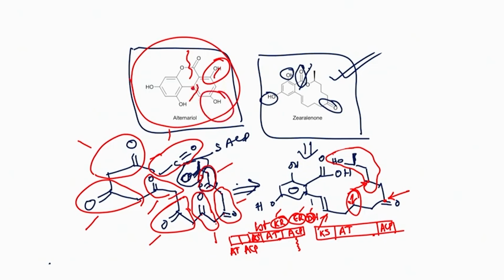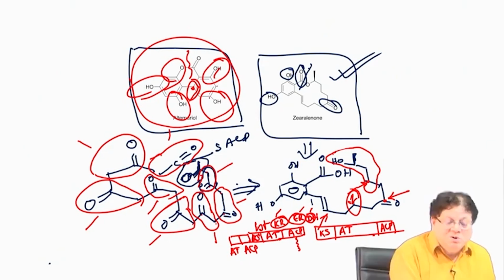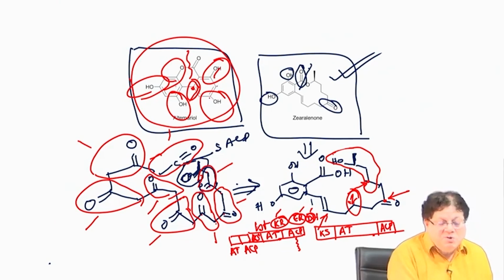Then the next carbon is this one. So, by this way then there is OH, then there is this one CH2CO. Like this is the SCOACP, and then you have CH2CO, then CH2CO, then CH2CO, CH2CO, CH2CO, CH2CO.